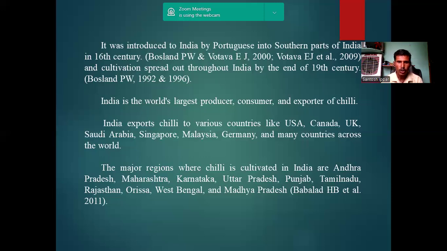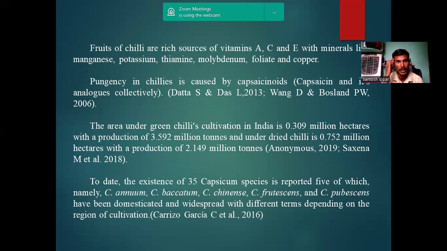In India, the major chili-cultivating states are Andhra Pradesh, Maharashtra, Karnataka, Uttar Pradesh, Punjab, Tamil Nadu, Rajasthan, Odisha, West Bengal, and Madhya Pradesh. Other states also cultivate chili, but in smaller amounts, so they are minor regions under chili cultivation.